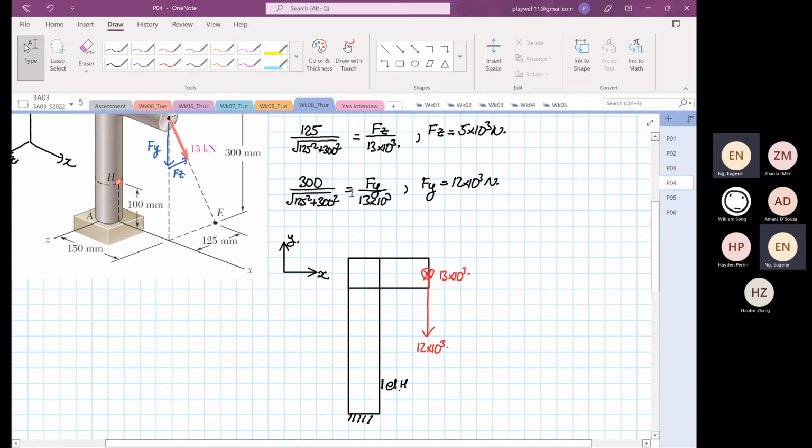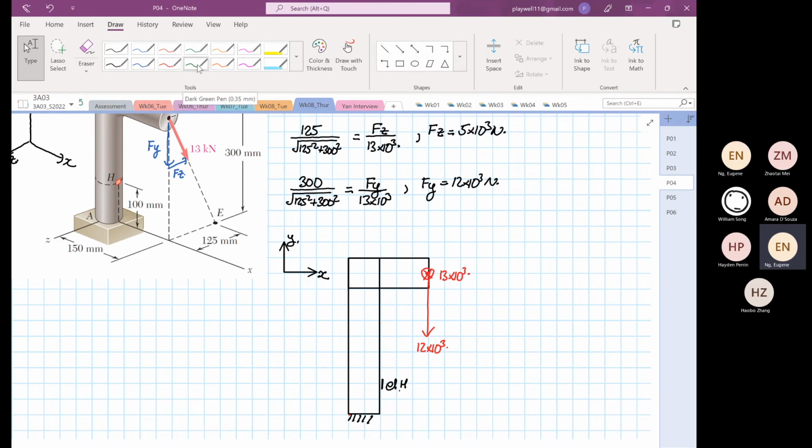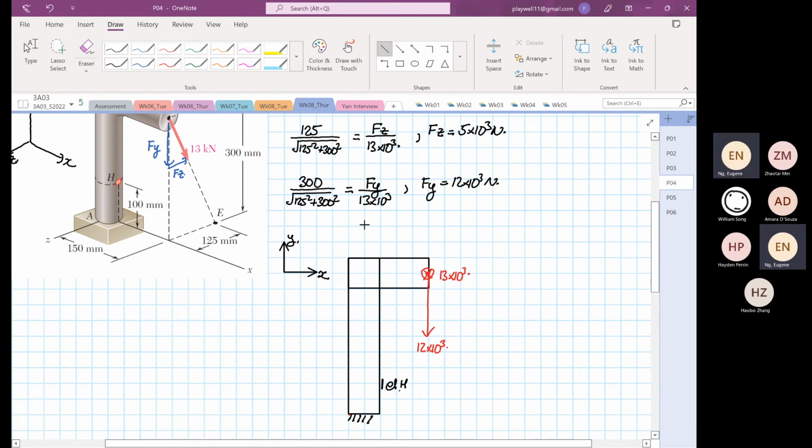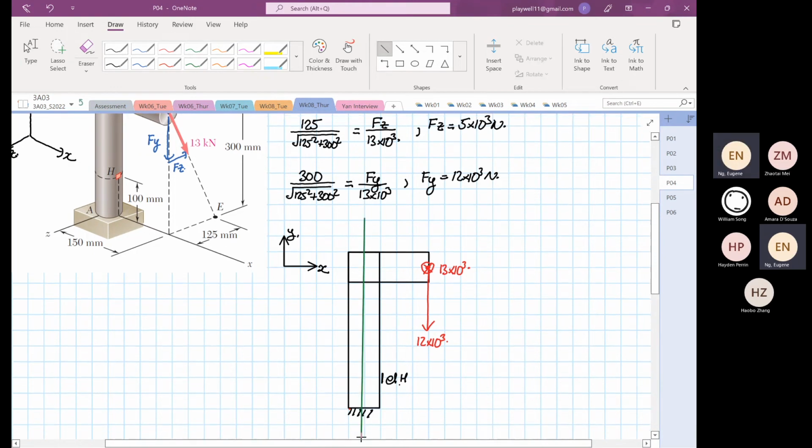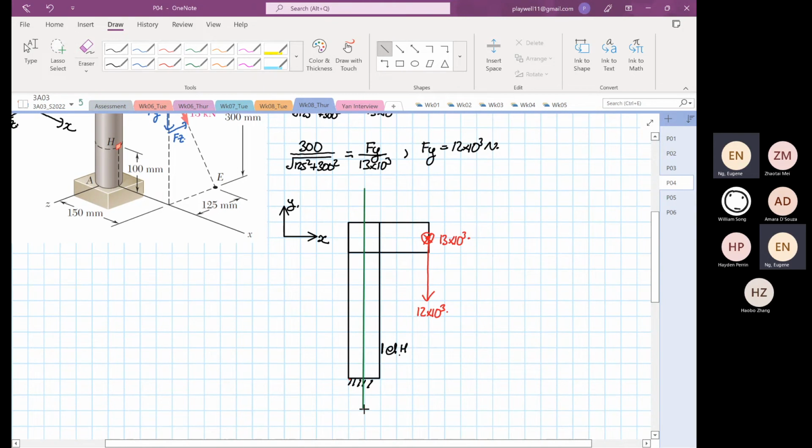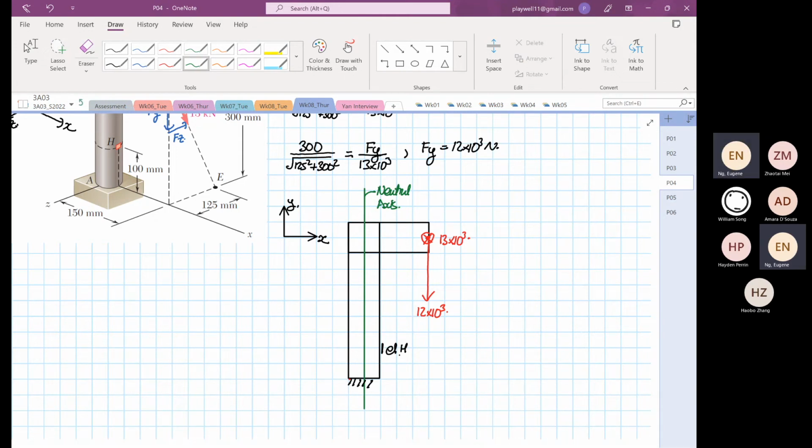The next thing we do is construct our neutral axis. That's our neutral axis relative to element H. For your homework, which I'll post later today, you always apply this technique. You'll never go wrong.